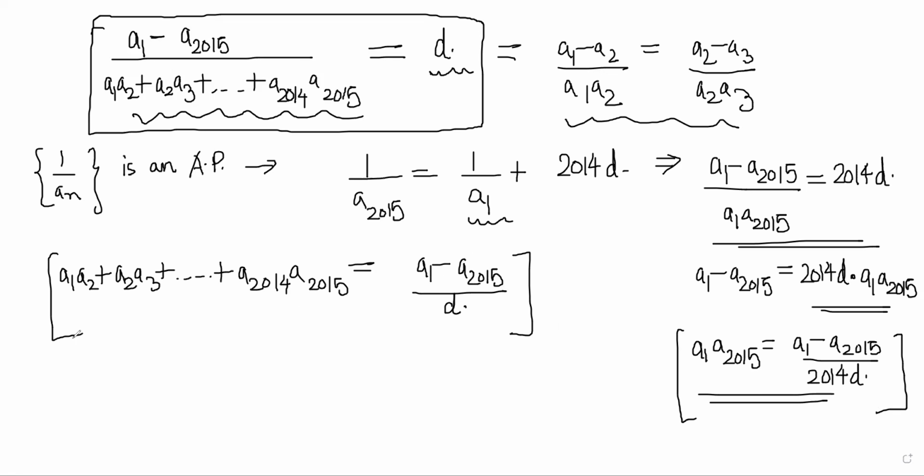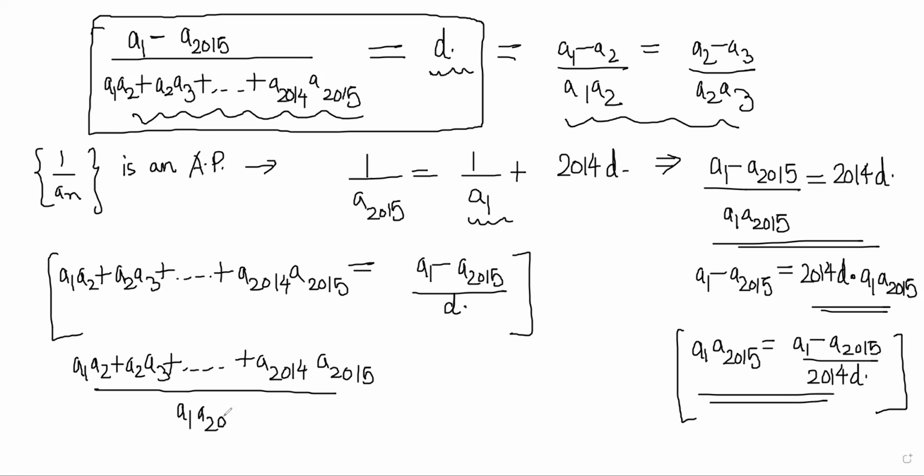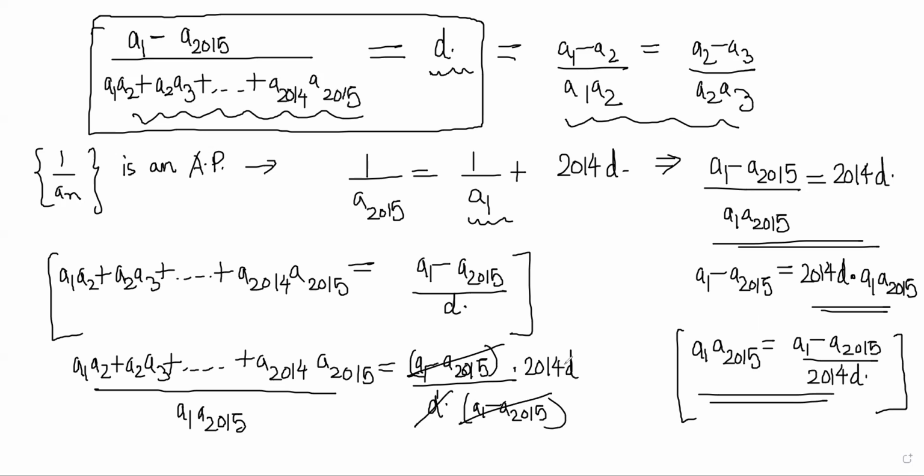And if I divide the two, you will get a1 a2 plus a2 a3 plus a2014 a2015 divided by a1 a2015 is equal to (a1 minus a2015) by D divided by (a1 minus a2015) by 2014D. So this factor gets cancelled, D gets cancelled, and you have the answer 2014.